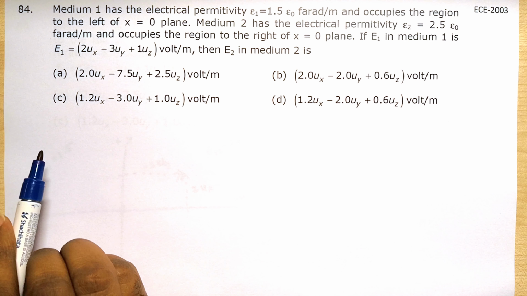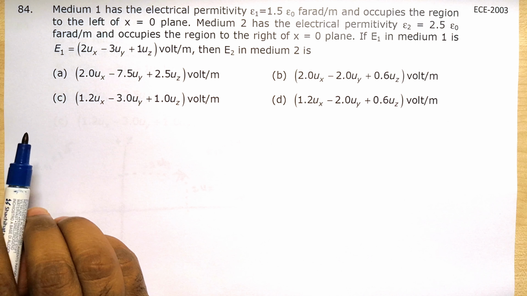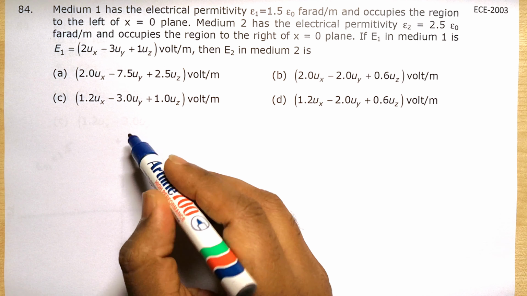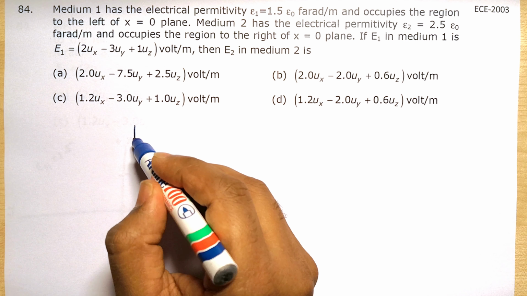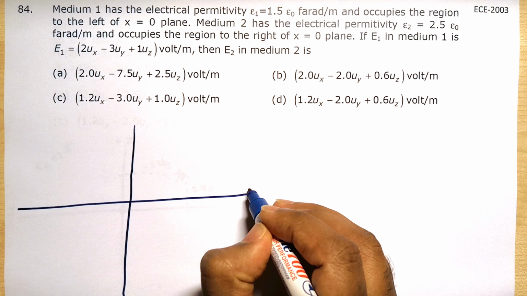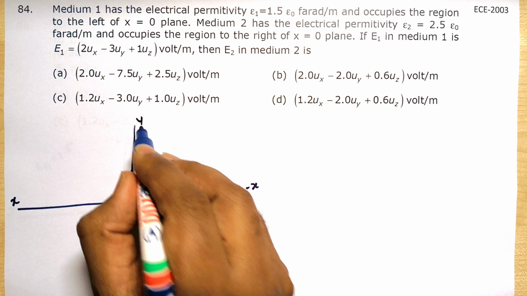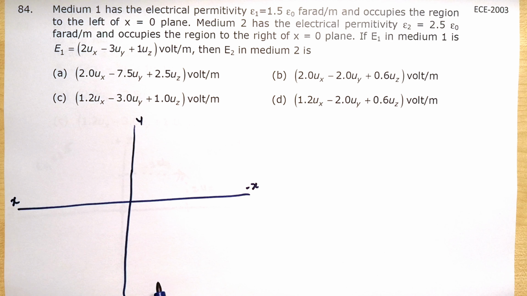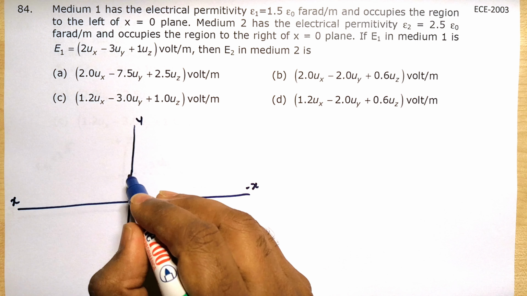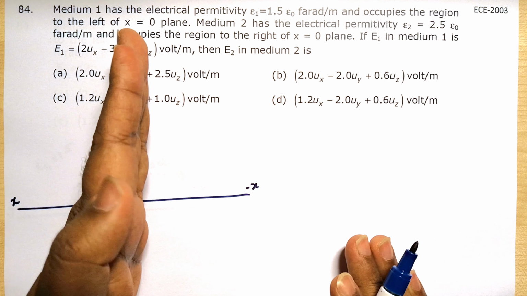Okay, so to solve this, we will just draw a schematic of the two mediums here, and what we have here is x and y axis. So if this is x, this is minus x, this is y, and minus y. In this case, the x equal to 0 plane is this plane.